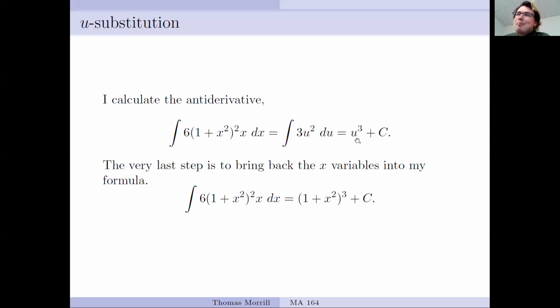So I say again that my u is equal to 1 plus x squared. So this must be 1 plus x squared. And that quantity is going to be cubed plus the constant of integration. And hey, that's the same answer that I got on the last video. Isn't that neat?